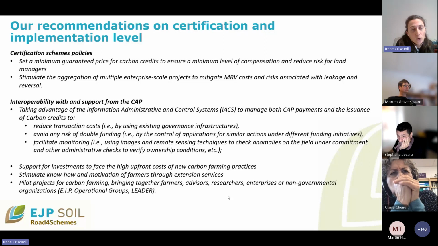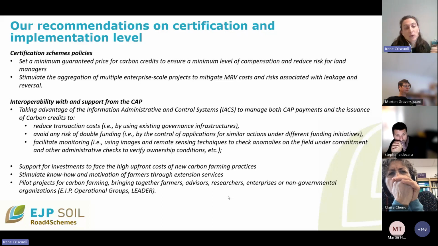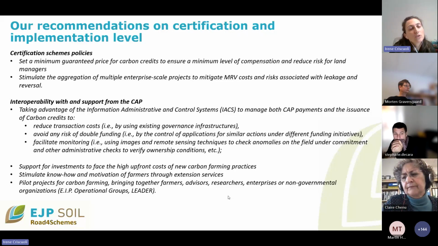Finally, the CAP can also contribute to carbon farming through support for investments for farmers to face the high initial costs of new carbon farming practices, and also spread know-how and demonstrations in pilot projects such as the EIP operational groups and LEADER.